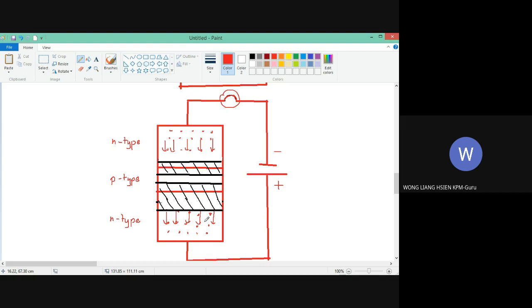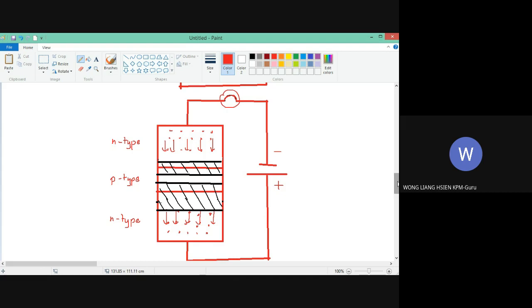Now, if current cannot flow, so what is the transistor good for? But current cannot flow.